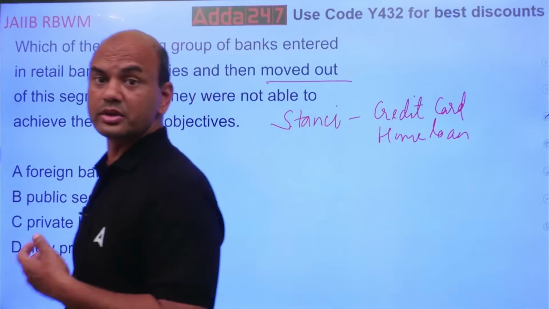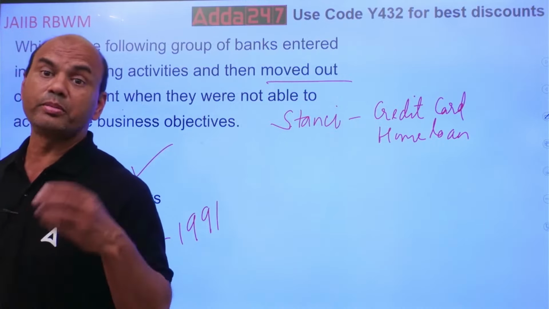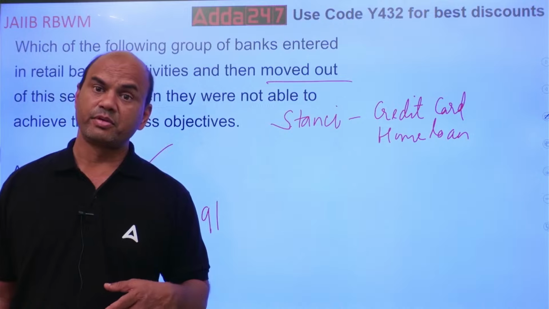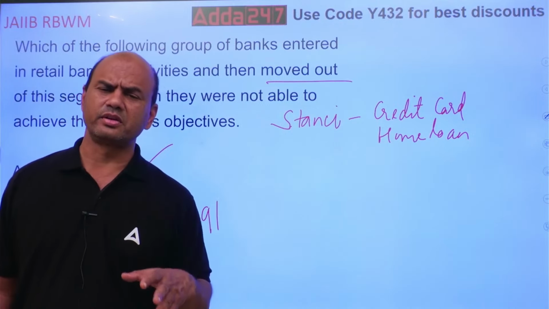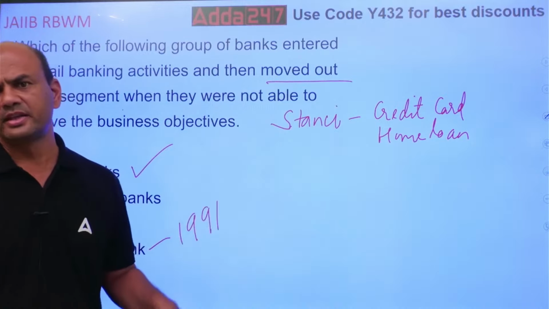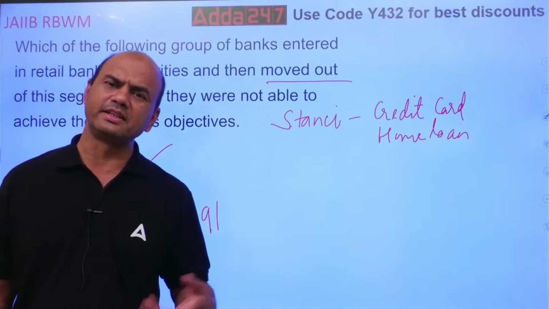Nobody had as much credit card business as Stancy. But what happened? The day they saw huge competition coming up, they left it. Same thing with home loans. They left the home loan business. They sold it. They left it means they sell it.